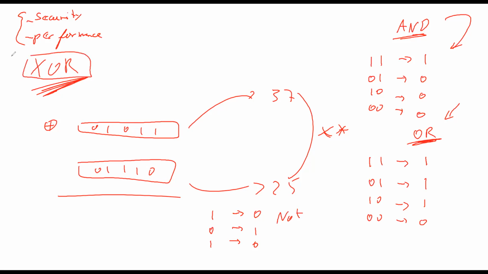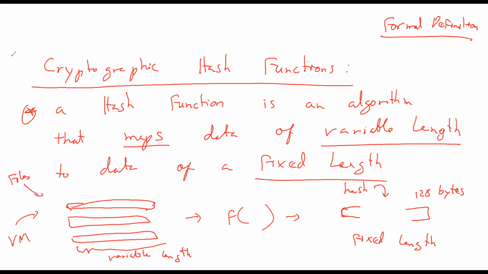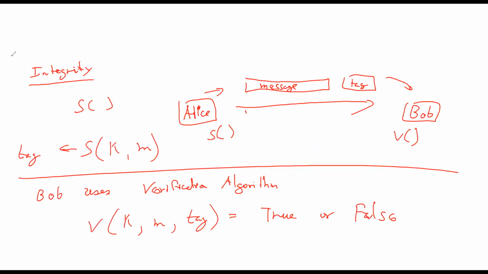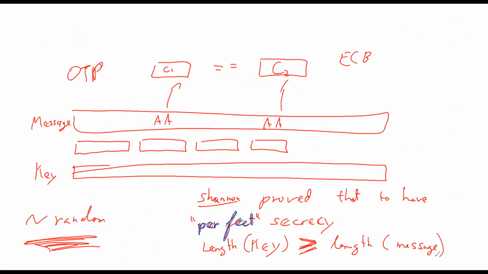Now, one of the things I said before becomes relevant. Where was that? Claude Shannon's conclusion, right? That's why I highlighted the word in blue. Perfect secrecy. To achieve perfect secrecy, we need this. However, we don't always need perfect.